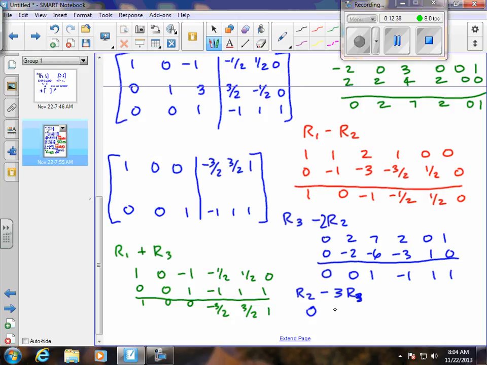Okay. So where is my row? Where am I? I'm trying to write row 3. Okay. And then multiply row 3 by -3.